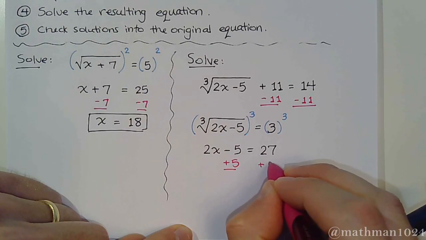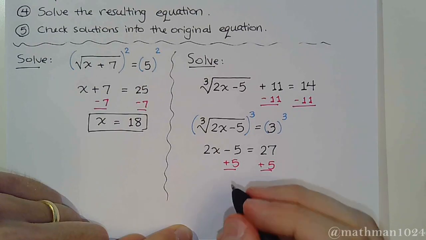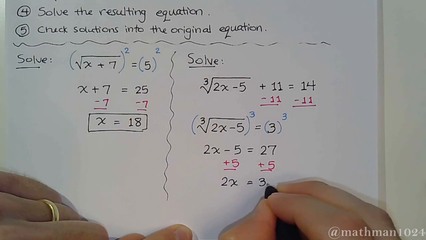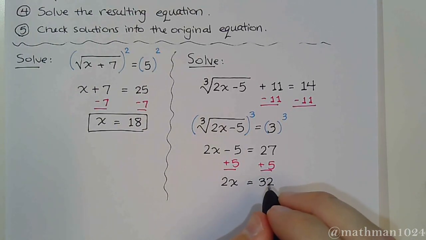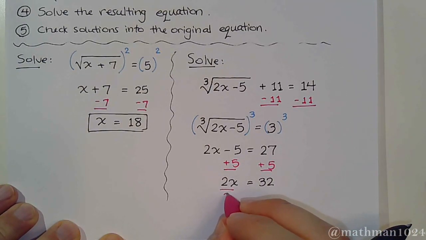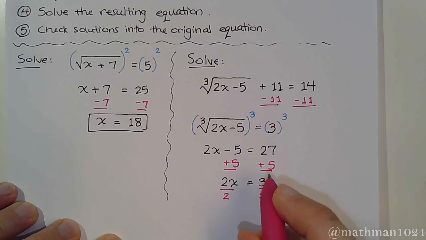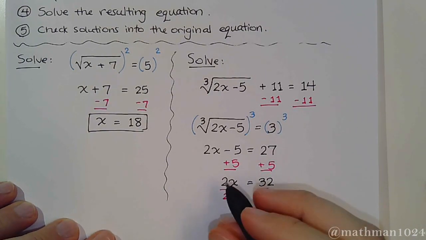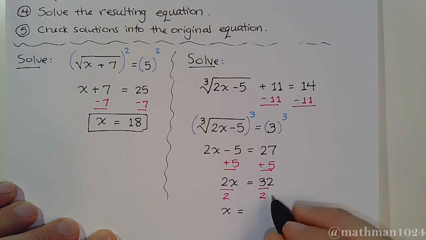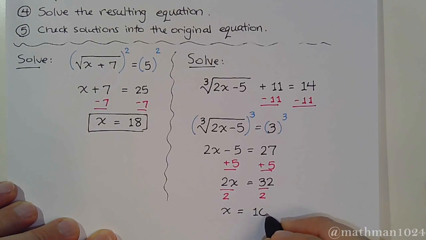So add 5 to both sides. And now we have 2x is equal to 32. One more step and we're going to be done. And we divide both sides by 2. 32 divided by 2 is 16.